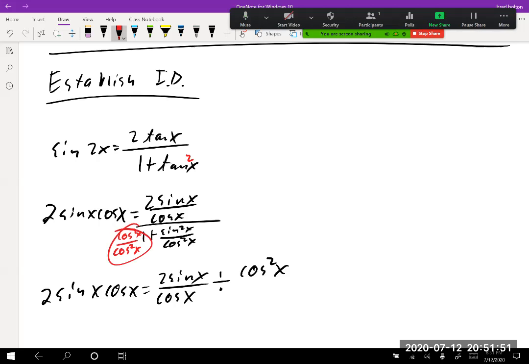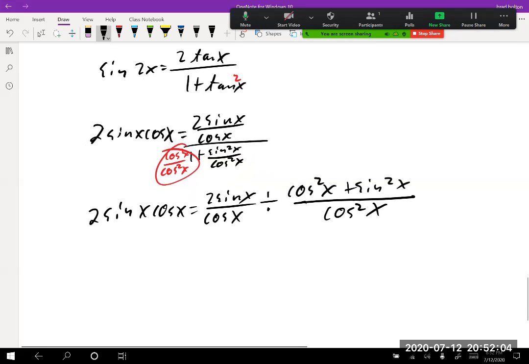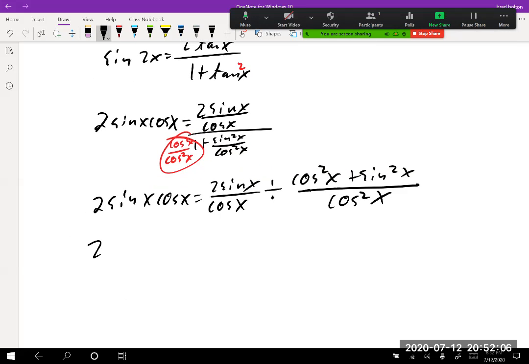That way this has the same denominator as the sine squared x over cosine squared x. So this will be cosine squared x plus sine squared x all over cosine squared x. Now this is going to be nice. So I guess it was worth it.